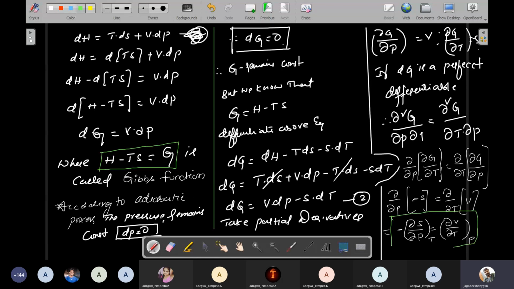This is called the fourth thermodynamic potential or fourth Maxwell equation.